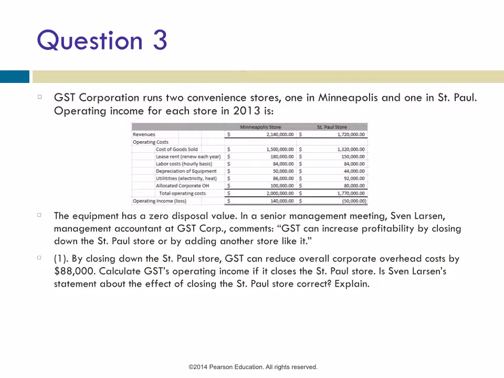However, in our analysis we have a specific amount of overhead costs that we've calculated will be saved by closing down the store. Maybe that store requires additional administration, whatever the case may be. There's a difference between what we've allocated to that store and the actual cost that we're calculating we'll save by closing it down.